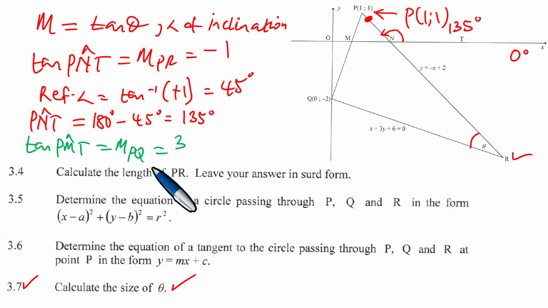Then now we found that the tangent of the angle PMT is equal to the gradient of PQ, and it is 3.